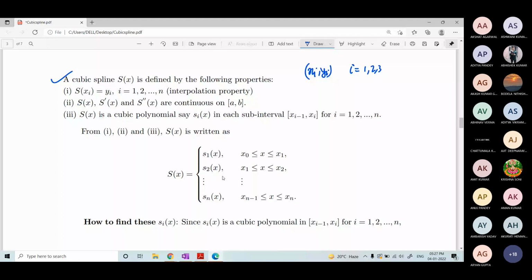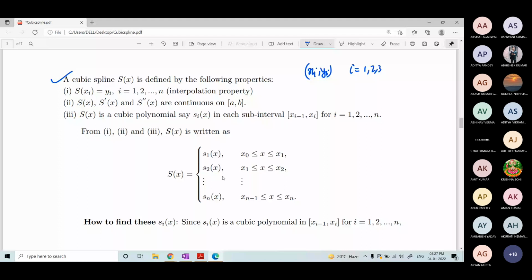If you consider the data in two dimensions, it is x0, x1, x2, and somewhere it will be xi minus 1, xi, up to xn. We are considering the polynomial in this subinterval. If you plot it, suppose this is yi minus 1 and this is yi, there will be a cubic polynomial in this subinterval. Suppose that is si.